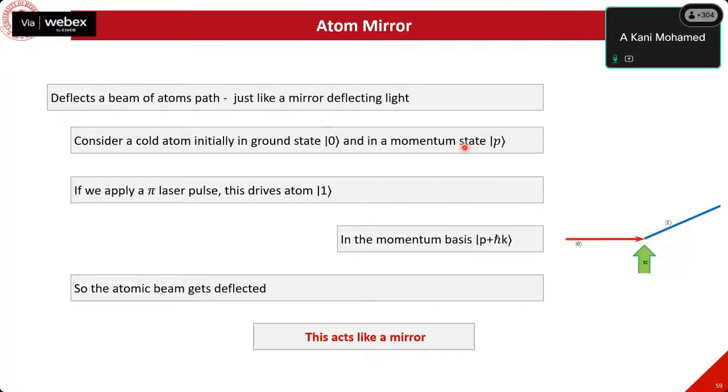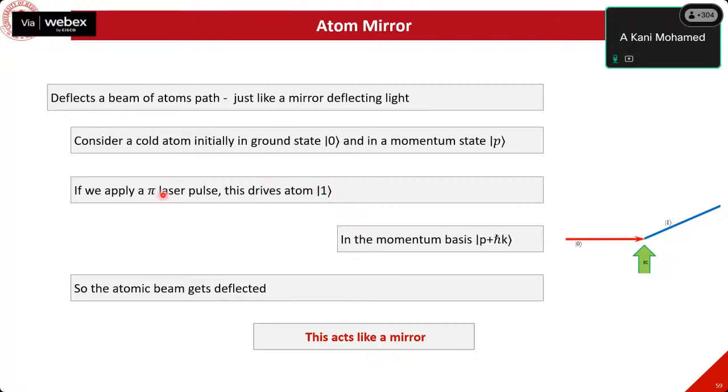If we apply a pi pulse, all the atoms which are in the ground state get excited to the excited state.